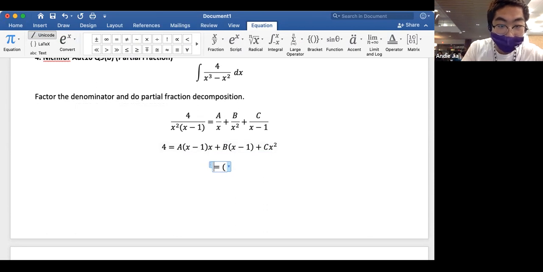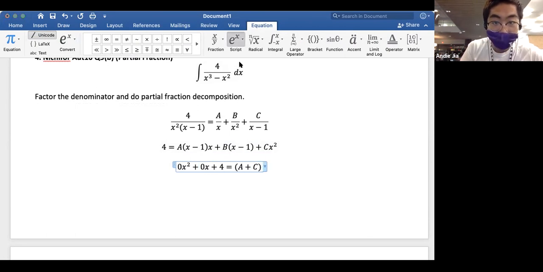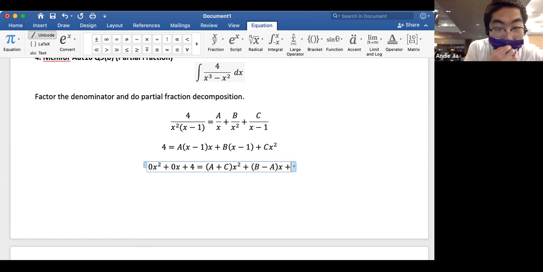So the rewrite is 0 x squared plus 0 x plus 4. Then the a plus c coefficient for x squared is 0, and the x coefficient is b minus a.